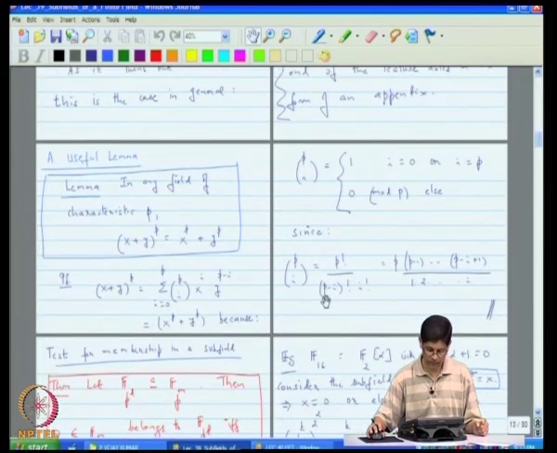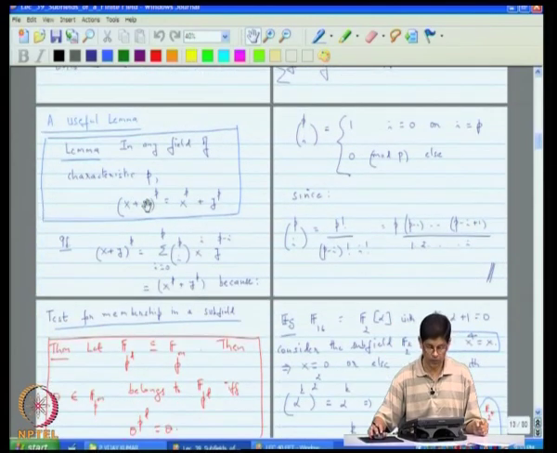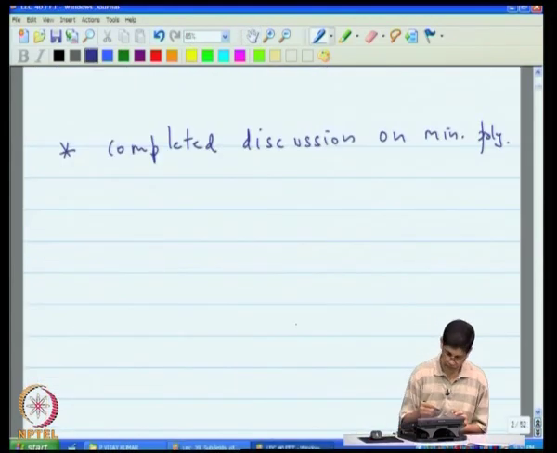And the other thing that we did, as an aside, was we also discussed a useful lemma which says that if you take x plus y and raise it to the pth power, you get x to the p plus y to the p. Okay.